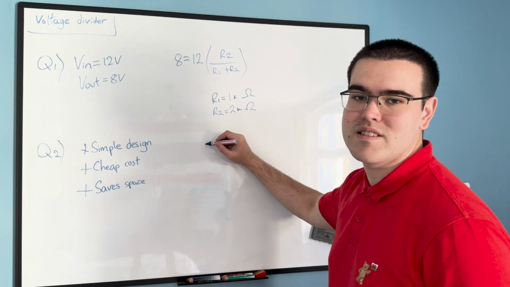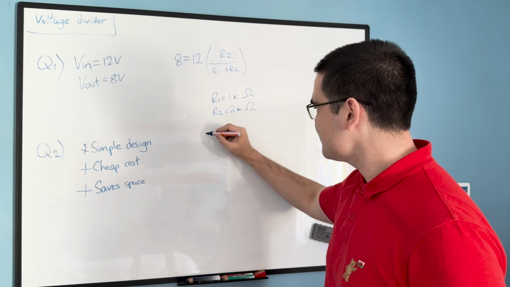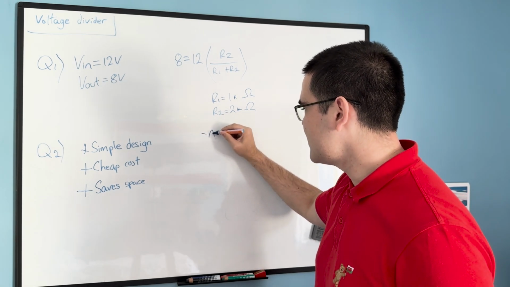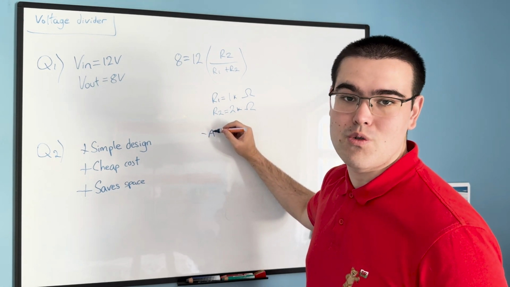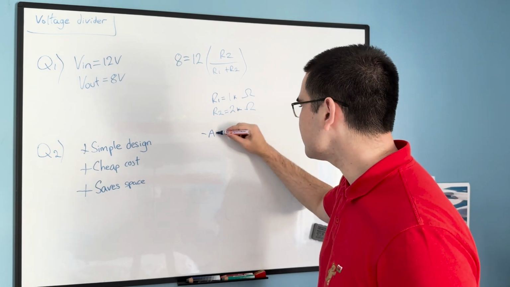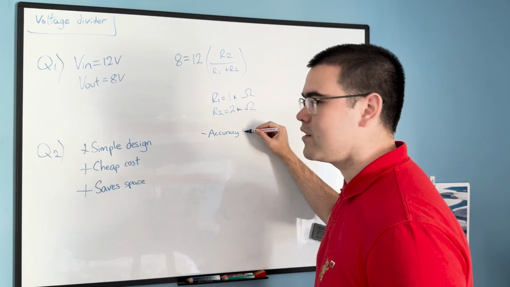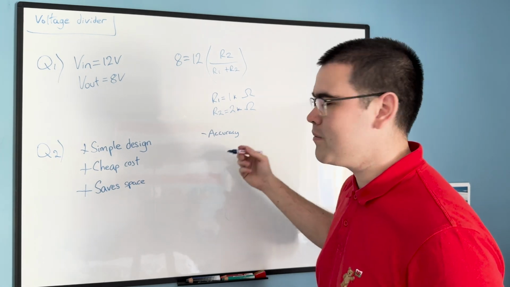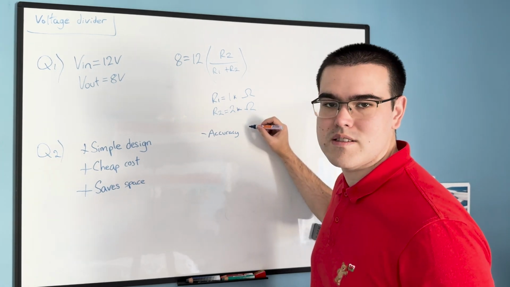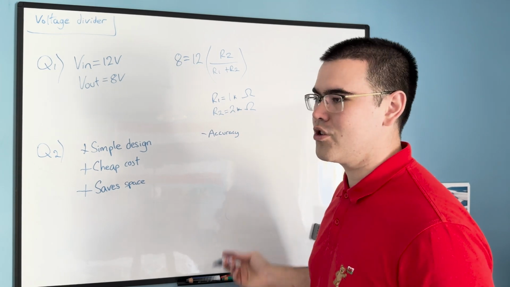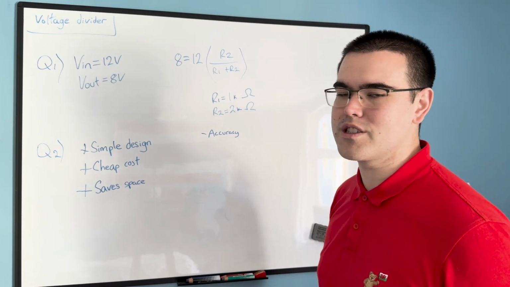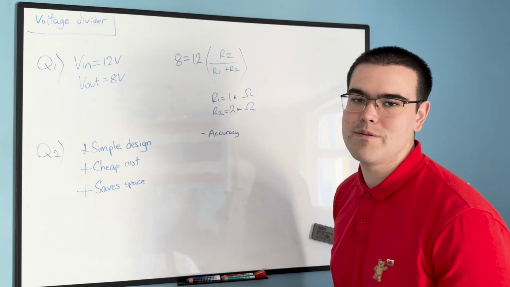So now let's discuss some disadvantages. The accuracy is not always going to be great for a voltage divider, because that depends on the resistor tolerance. They all have them. If you look at the bands on the resistors, you could find a poster online that will tell you what each color means and for what band.